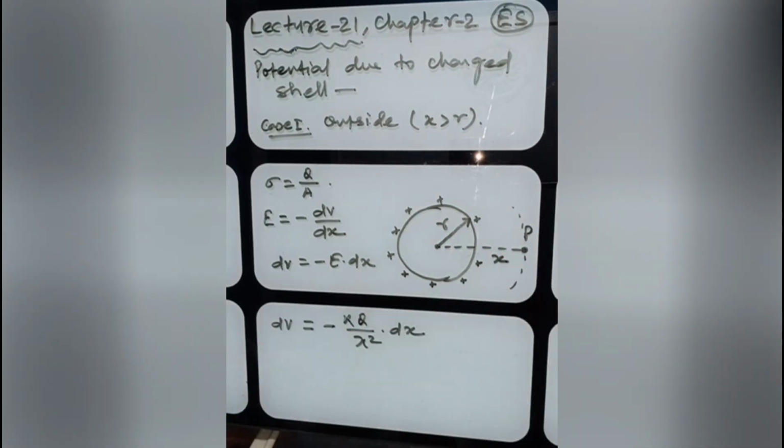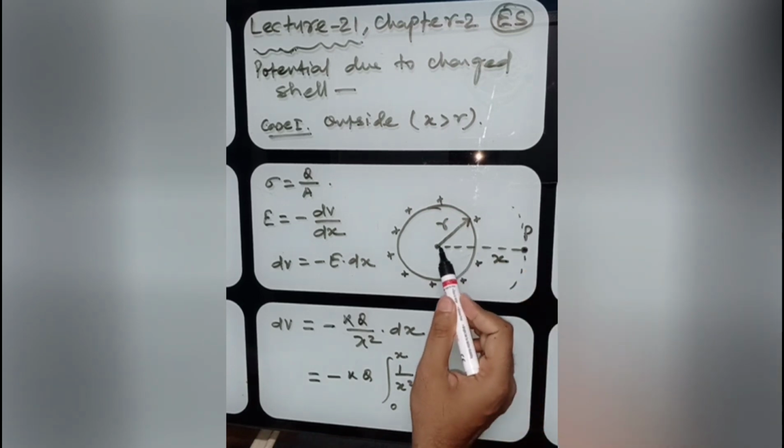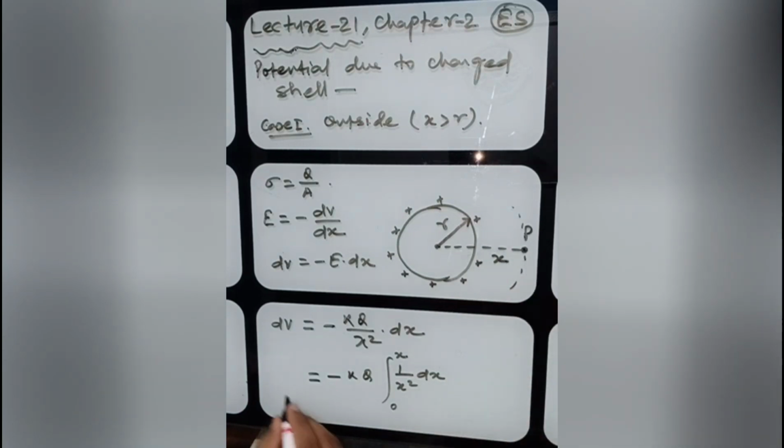We have to find the electric potential for this case. Here minus kq will be the constant. We have to take out the integral of 1 by x square dx from 0 to x, because we are finding the potential at this point as we move.